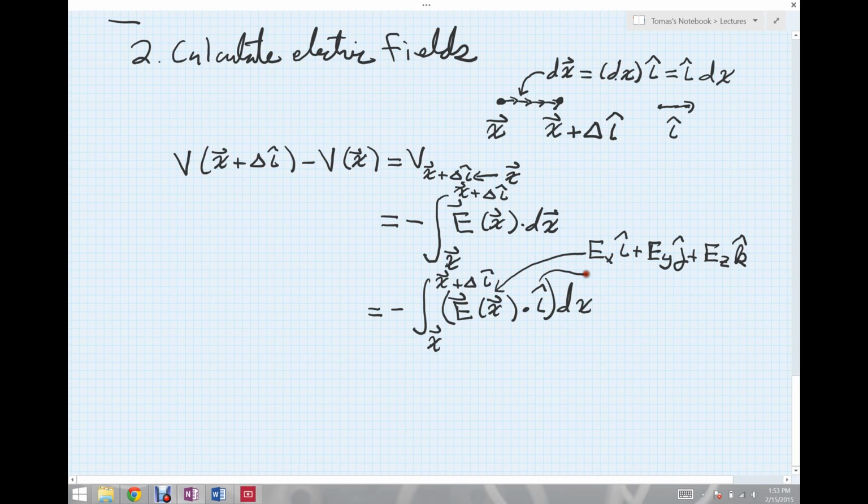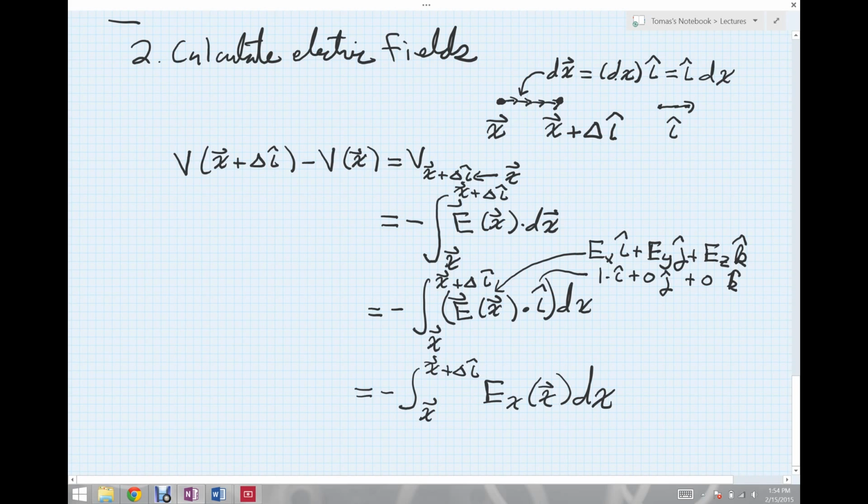But the I hat vector has components 1 in the I hat direction, plus 0 in the j hat direction, plus 0 in the k hat direction. So when I take these dot products, I get Ex, the x component of E, nothing from the y component, nothing from the z component. So what I'm really doing is integrating along this pathway between these two points: minus the integral from x to x plus delta I hat of just the x component of the electric field at these various positions times dx.